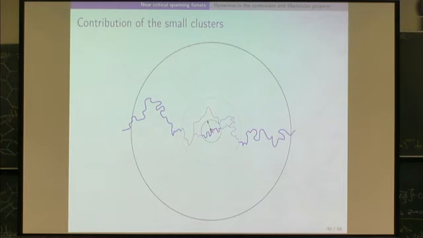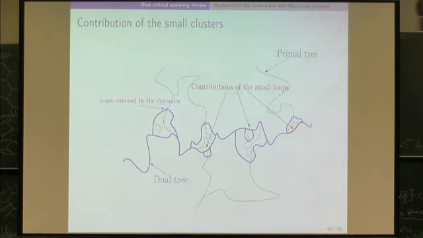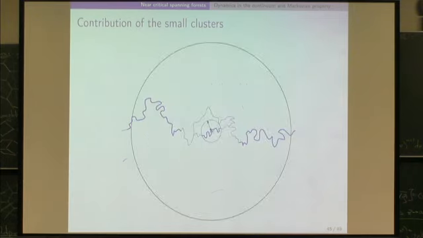And to do that, the tool that we are using is that all those blue paths here are branches in the dual tree. And so we know their distribution and everything. And so we can see a small cluster in this way. Here I have drawn several circles. It's just to say that, in fact, a loop can be detected by looking at arm events in the uniform spanning tree.